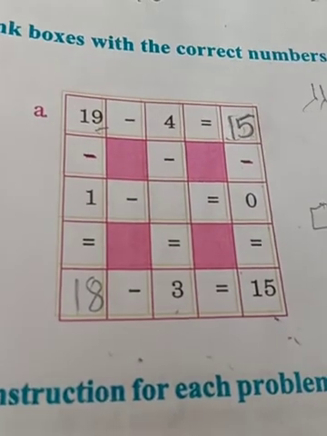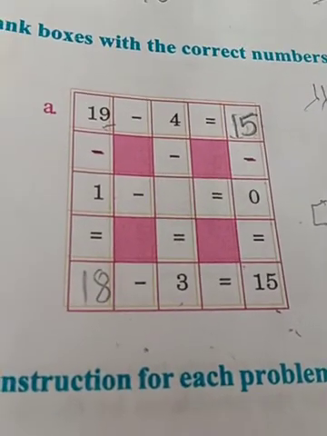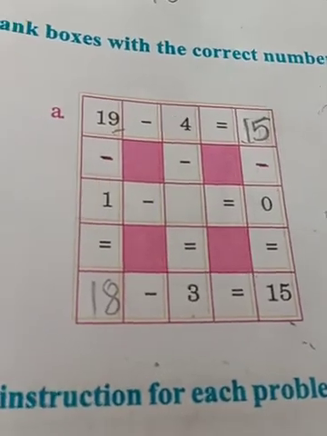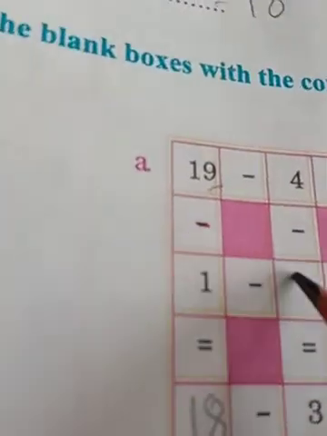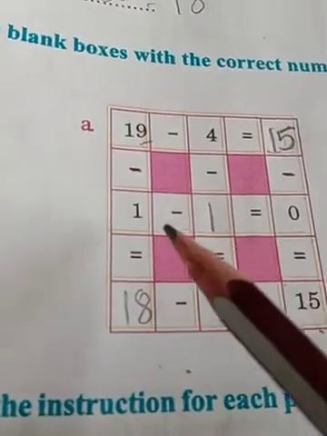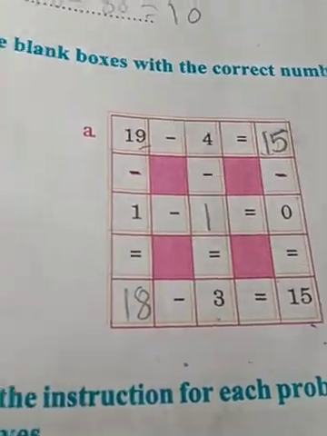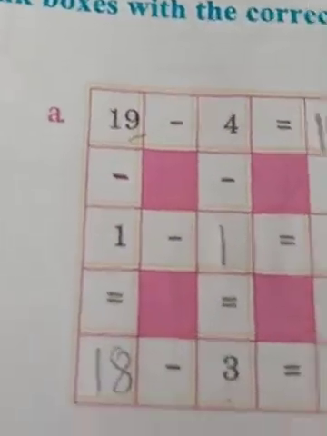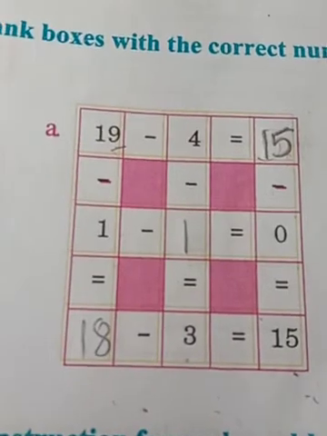Now you have 3 only. So how many did you eat? Only 1 chocolate. 4 minus 1 equals 3. 1 minus 1 equals 0. Correct? So complete this box. Finishing.